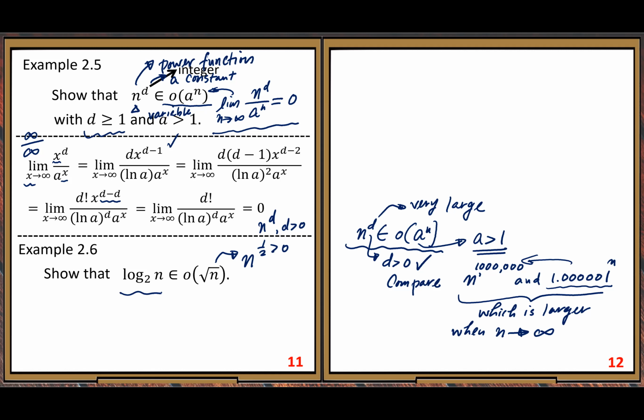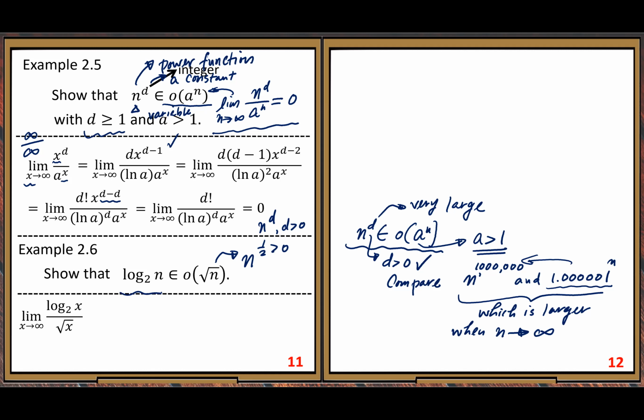We know when d is a large number, the log function cannot compete with the power function. But how about when d is a small number? Can the log function compete with a power function with d a small positive number? Here we answer that question.